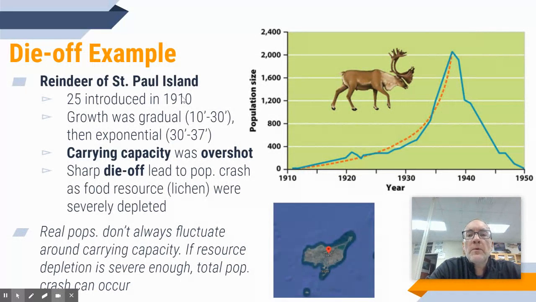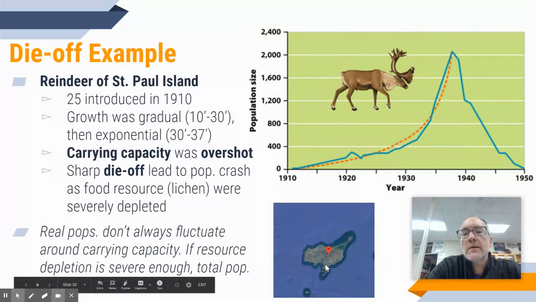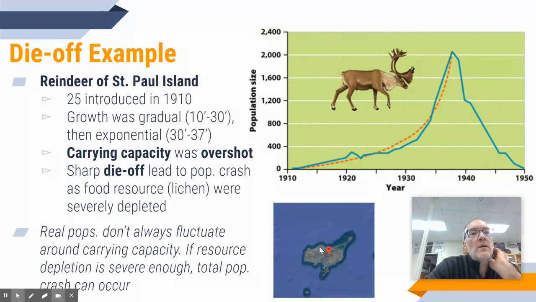So here's an example that actually occurred in Alaska. There were 25 reindeer introduced to this island not far from the Kodiak Islands. And the growth rate you see was gradual and then exponential.